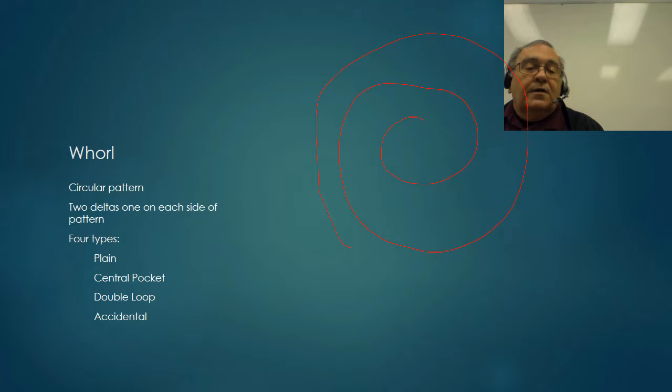You know that the whorl has 2 deltas, one on each side of the print in various locations, that tend to surround the pattern area.